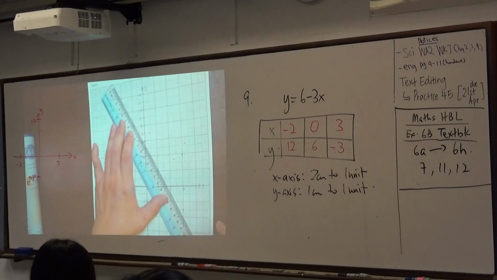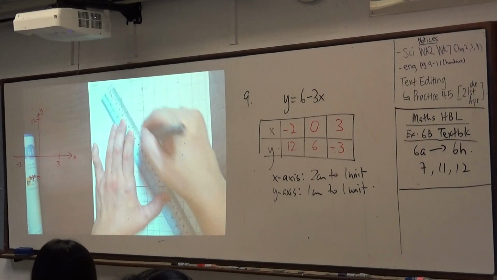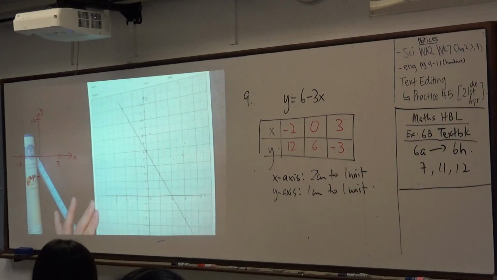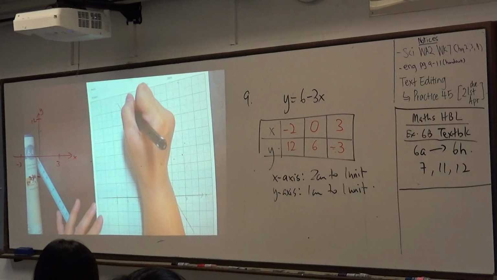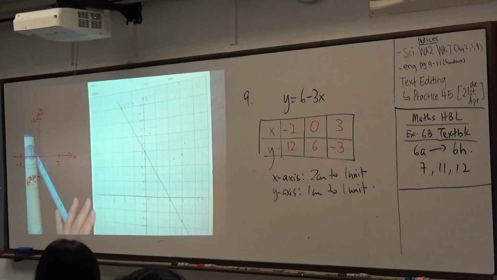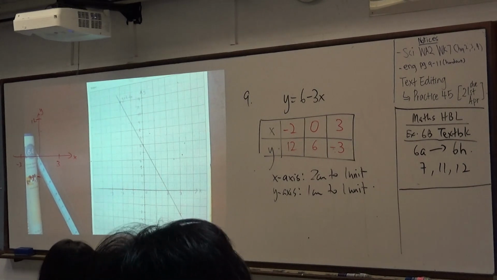So, you will put here, then you join properly. Can you see it now? Then you write down, this is y equals 6 minus 3x. This will represent my graph. Are we okay? Alright, you take the time now, do this for me first.